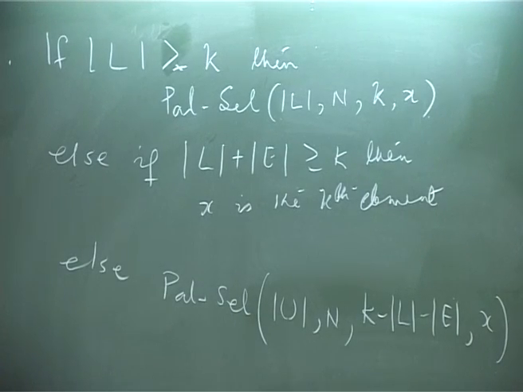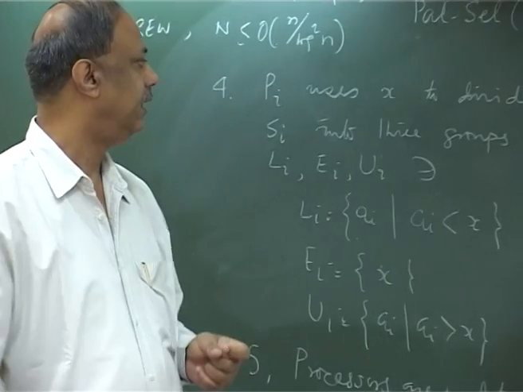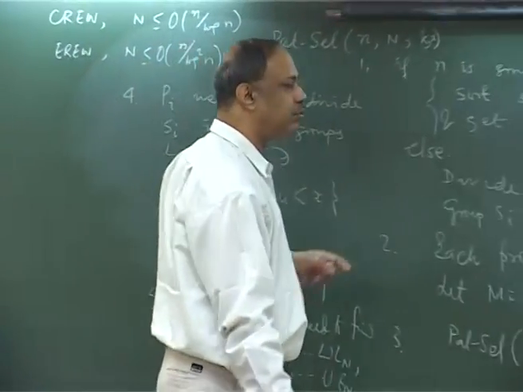First, what he did: if the size is small, sequentially you sort it and find the kth element. Otherwise, you divide these n elements into n to the power 1 minus x groups. Each group is of size n to the power x, and group Si is attached to Pi.